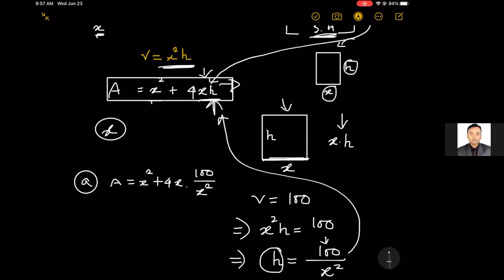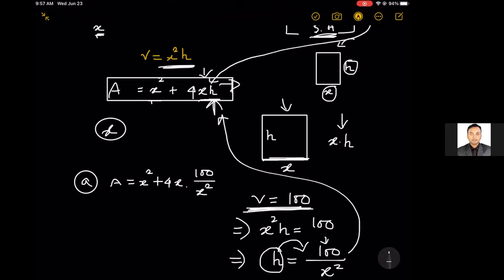Now does it make sense? Because we wanted to write it in terms of x. In other words, we wanted to get rid of h. In other words, from the known formula or equation, we want to solve it for h and replace that value in the objective function.